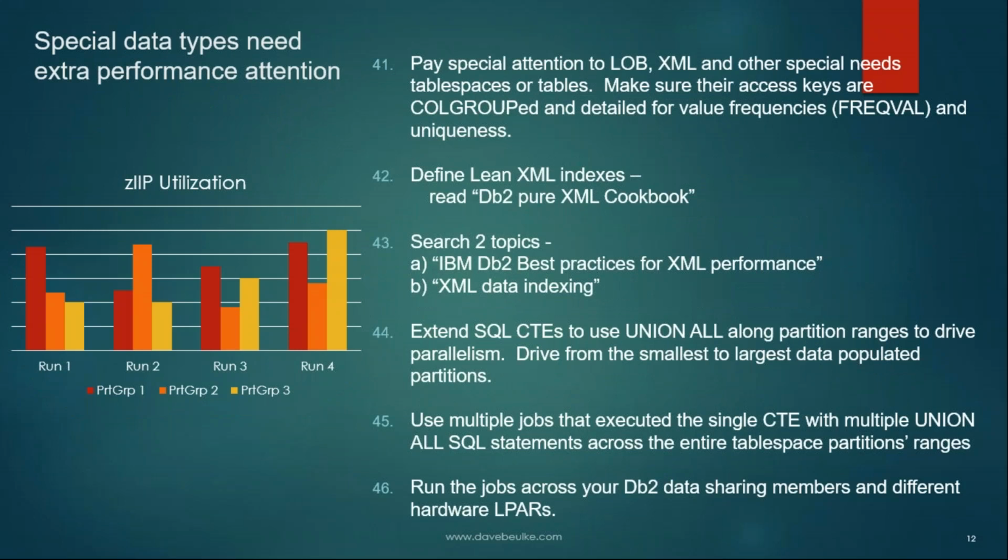Also pay special attention. It always seems that when I'm trying to get a new report request, it's always got a LOB or an XML column that I need to grab from one of the tables. So there's always some fly in the ointment. What I really like to do is keep the XML and the LOB access to the very, very last query block.